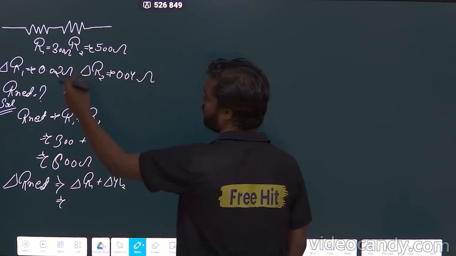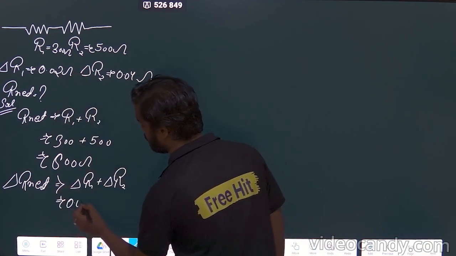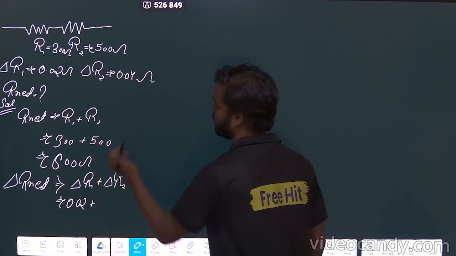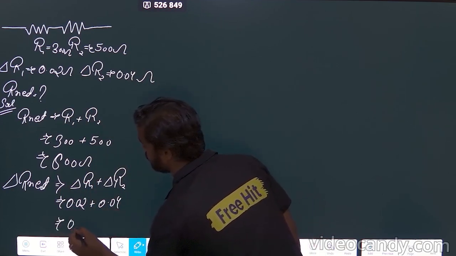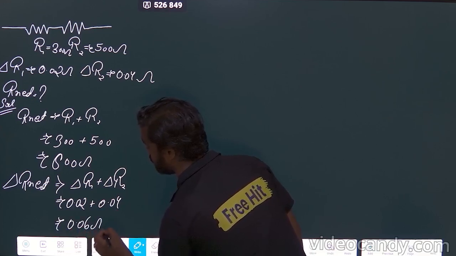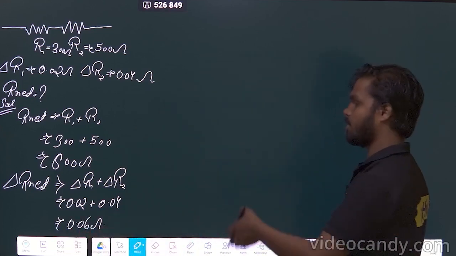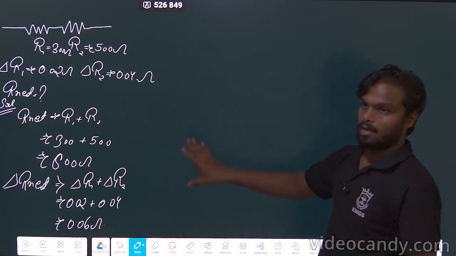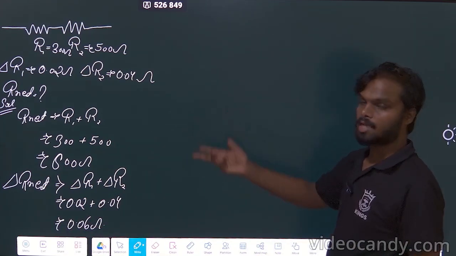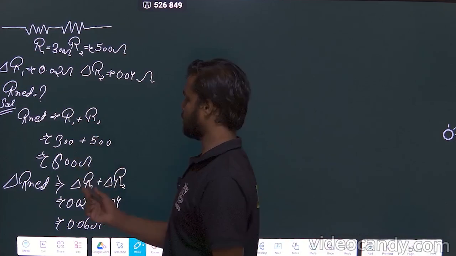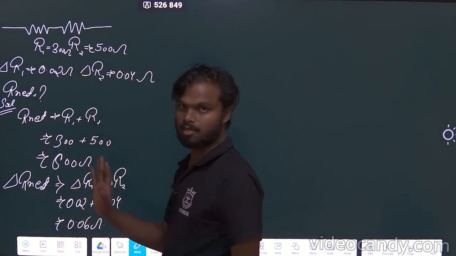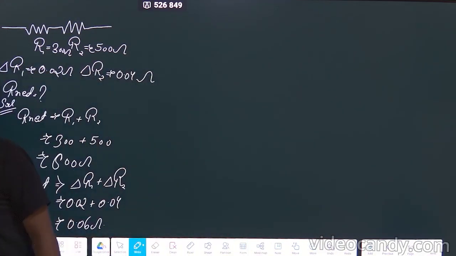Delta R1 is given, that is 0.02, plus delta R2, 0.04. So this will become 0.06 ohms. Clear? That is how we do the calculation in addition. Similarly you can do for the subtraction, but the error part will remain the same. Clear? Okay.